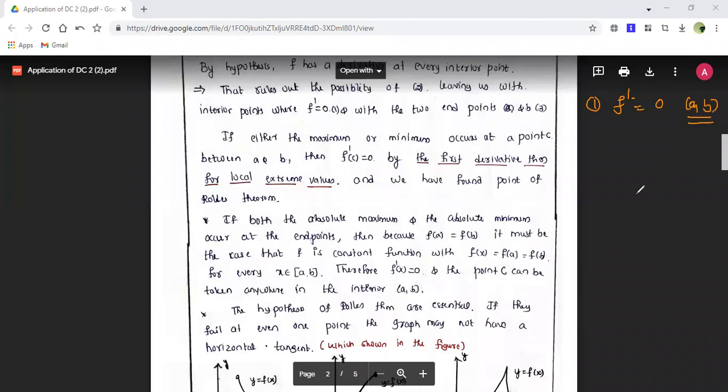So how do we prove this? The first derivative theorem, which I just explained, says that if f of x is a continuous function and there exists an open interval AB with a point C in between, then f dash at the point C will be equal to 0. That's what we have discussed here.